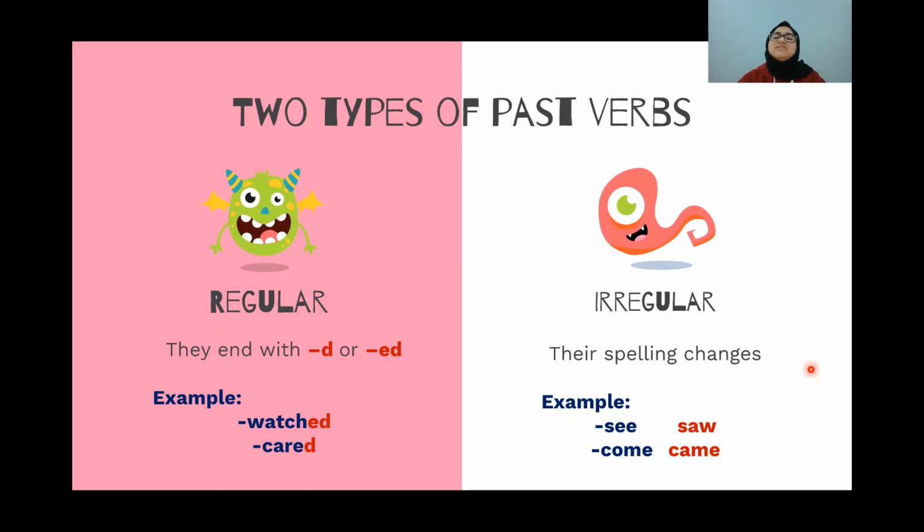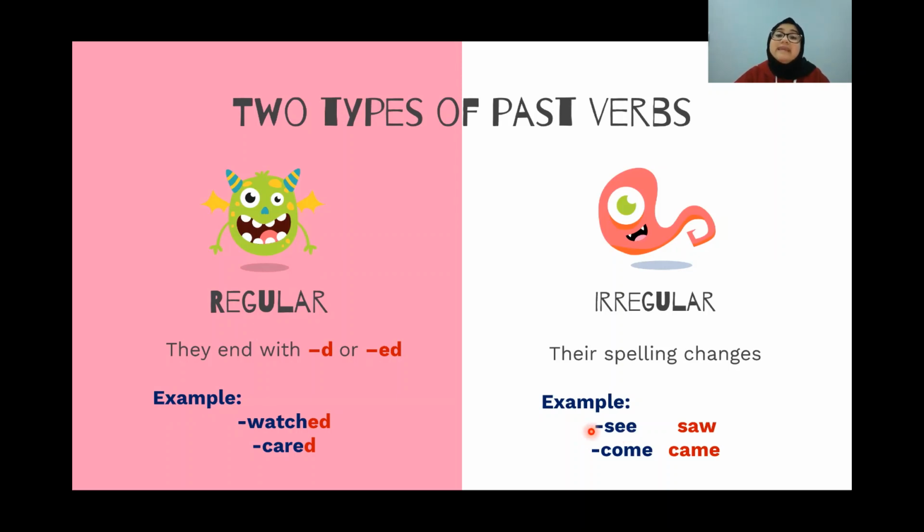Okay. What about the irregular verbs? Irregular verbs change their entire spelling. We don't add D or ED to them. No, they change completely. For example, here we have see. See is a present verb. If I want to make it past, the verb will change entirely.